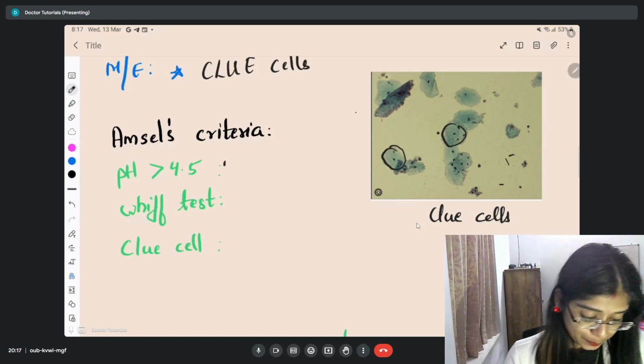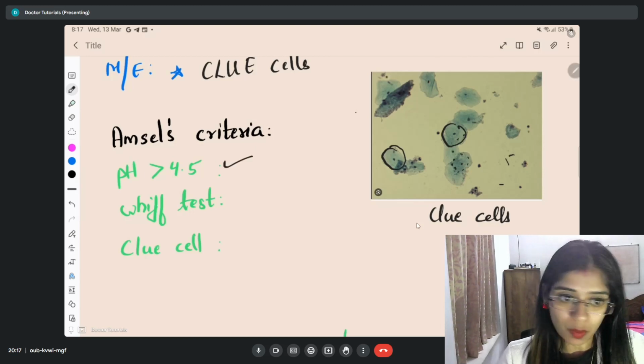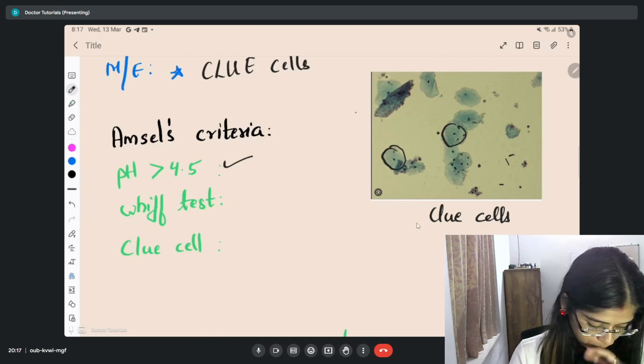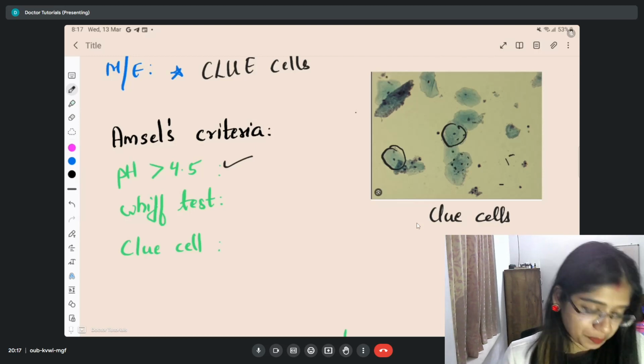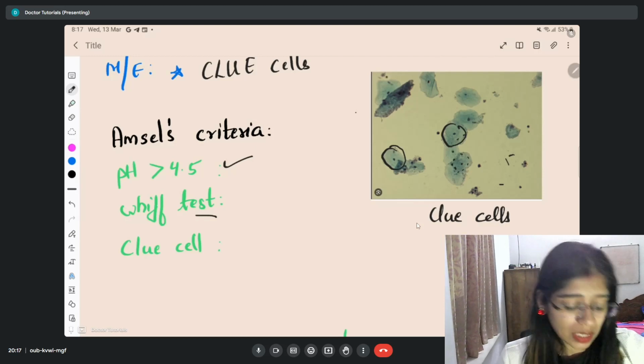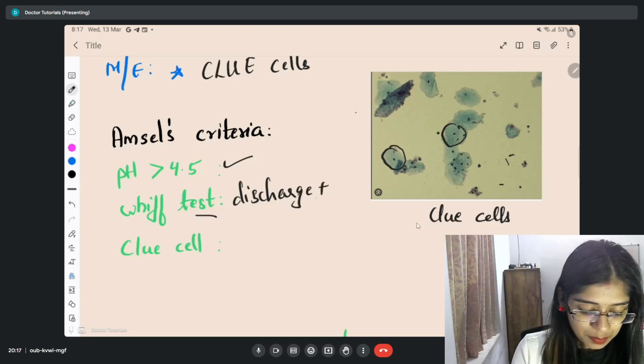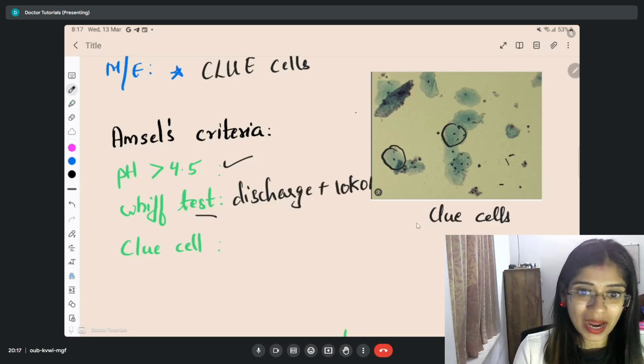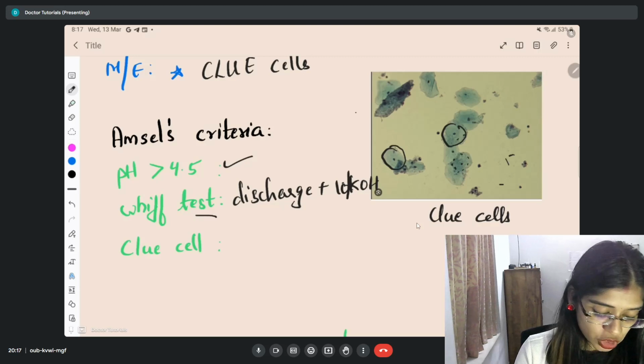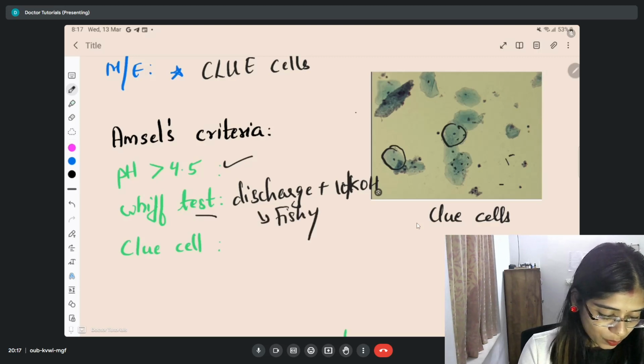Then you should see clue cells in a microscope. Third, the whiff test. What is the whiff test? Very important, guys. If you take the discharge, that white discharge from the vagina, and add 10% KOH, what you get is a fishy smell. So that's called the whiff test.